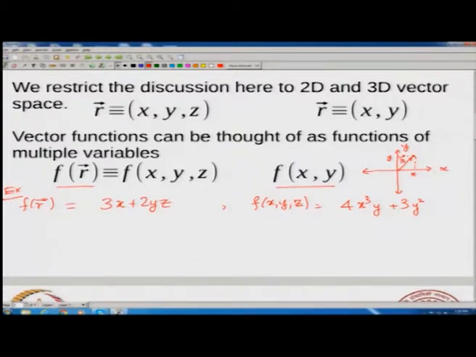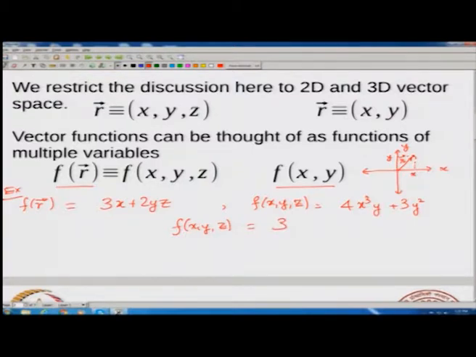Now in this case, in this particular function of x, y, z, there is no dependence on z, but even that is a general function of x, y, z. You can also have a function of x, y, z that has no y dependence, or a function that has no x, y, z dependence. For example, even f of x, y, z equal to 3 is also a function of x, y, z.